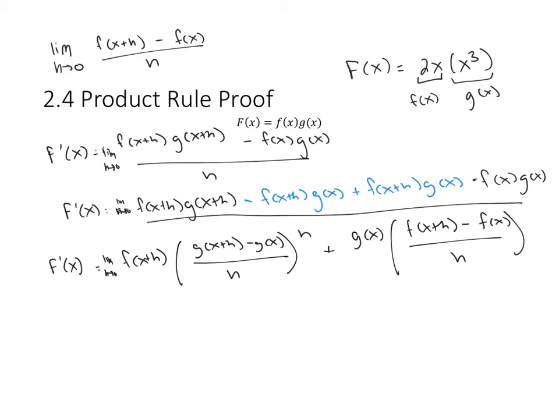So let's take the limit as h goes to 0 of every single piece of this. So I'm just distributing that limit as h goes to 0 of every piece.